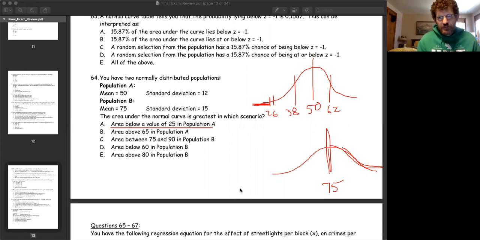Area above 65 in population A. So here's 74. So which one is it? 65 is going to be somewhere around here. Well, that one's bigger. So between those two, I can see that it's not going to be A. Now, area between 75 and 90 in population B, 75 and 90 is going to be right here.